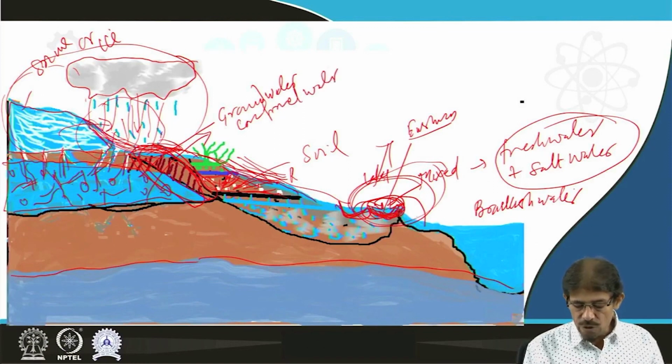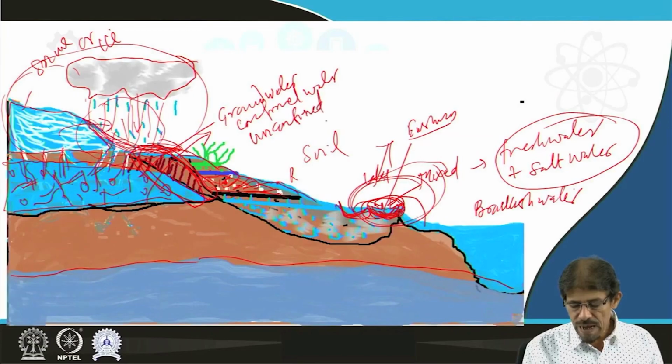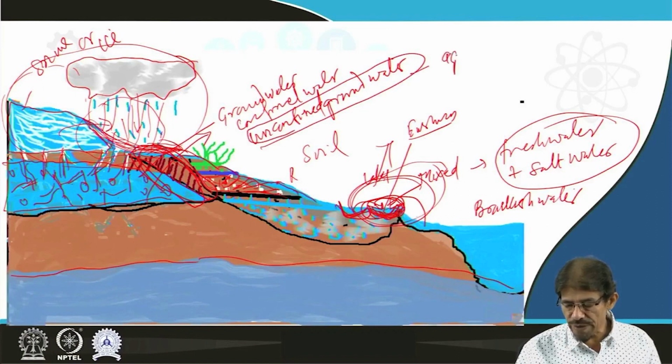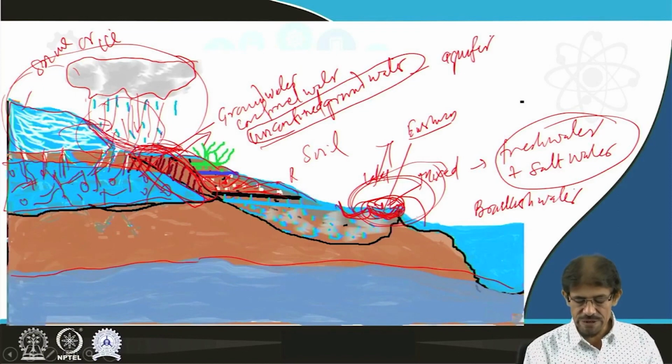And when there is no cap, no overlying impervious rock, then this type of groundwater is known as unconfined groundwater. The water holding formations is recognized as aquifer. We will discuss. So this zone is unconfined aquifer, and this zone is recognized as confined aquifer.